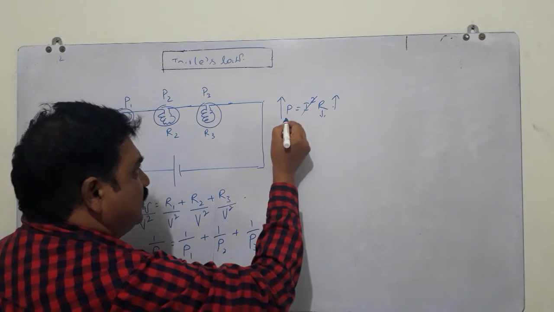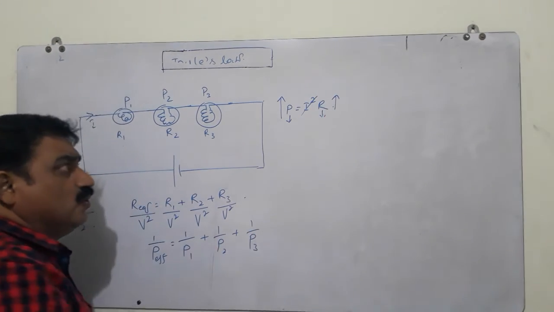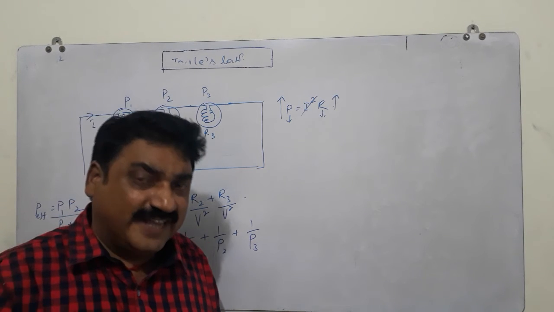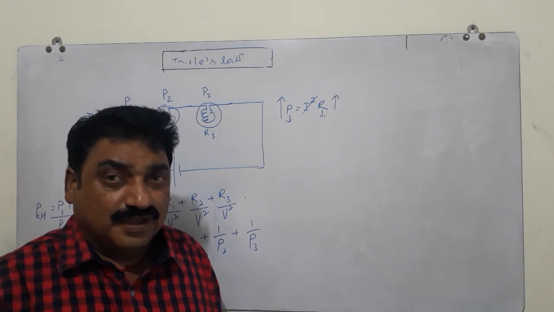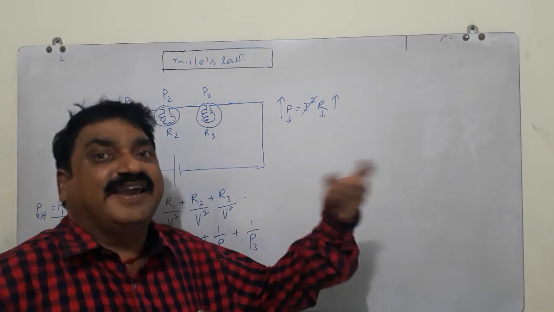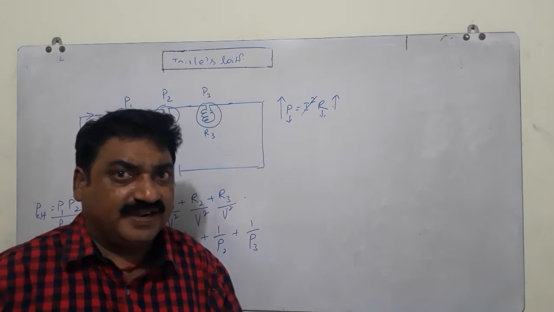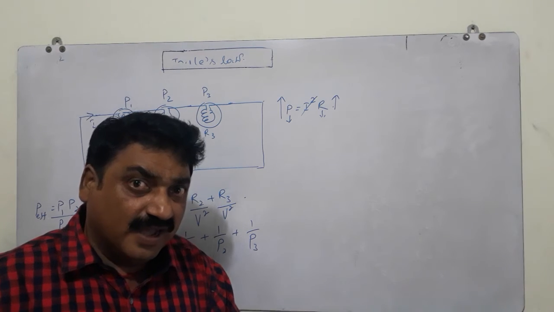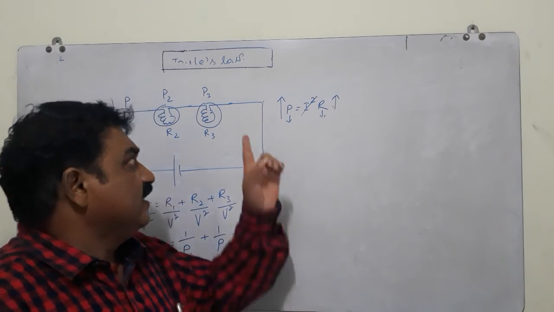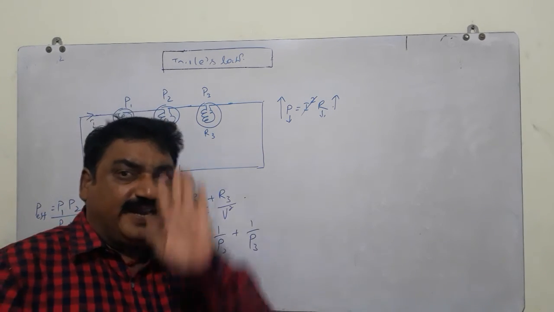Less resistance, less power. More resistance means low wattage bulb. That means in series combination, a low wattage bulb glows brighter than the high wattage bulb. That is very important, which we have to keep in mind. In parallel combination, high wattage bulb glows brighter, but in series combination, low wattage bulb glows brighter.